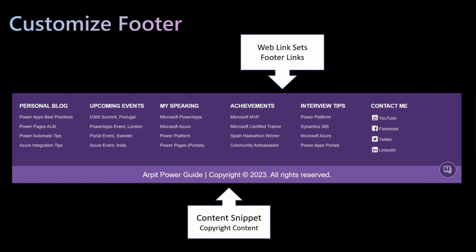So no matter whether you are designing a footer, a header or a page, if you have to show links or menus, then definitely choose the web link set. And if you are storing any sort of content, then definitely choose the content snippet.